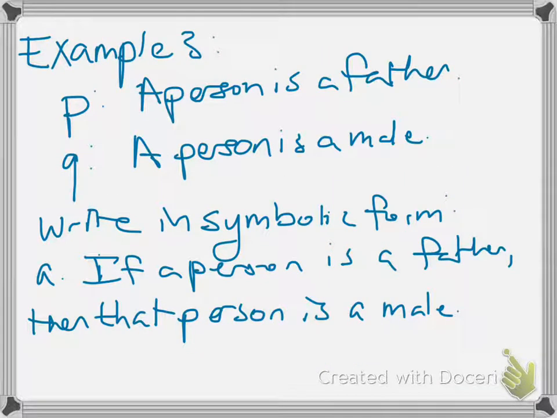All right, so example 3, we've got statement P, a person is a father, and statement Q, a person is a male. We're going to write in symbolic form, if a person is a father, then that person is a male. And frequently what will happen is we will end up with our compound sentence statements not being identical to the simple statements. We just reworded them slightly to make it more grammatically pleasing.